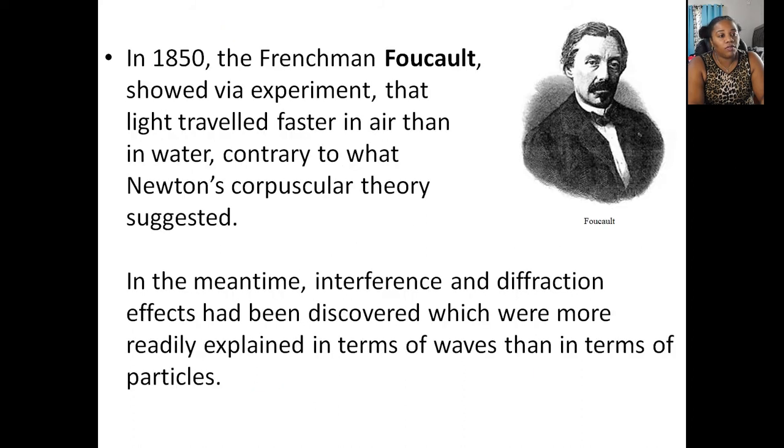In 1850, the Frenchman Foucault showed via experiment that light traveled faster in air than in water, contrary to what Newton's corpuscular theory suggested. In the meantime, interference and diffraction effects had been discovered which were more readily explained in terms of waves than in terms of particles.